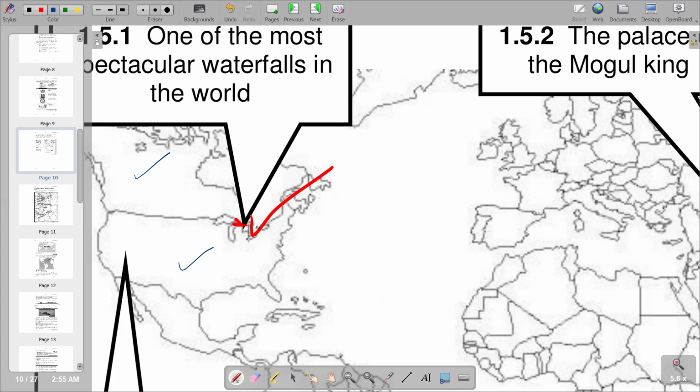So we are going to just indicate Niagara Falls, whereby we are saying the Niagara Falls, remember it is a group of three waterfalls at the southern end of Niagara Gorge, spanning the border between the province of Ontario in Canada and the state of New York in the United States. So basically, it's on the border of the United States and Canada.